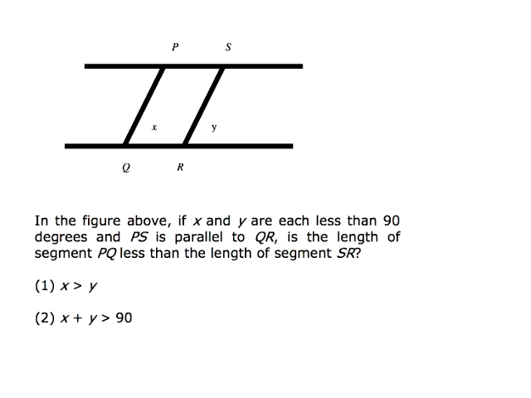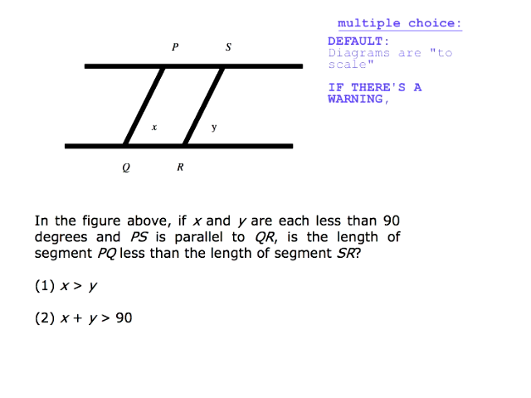Here, if it's multiple choice, which this problem is not, then the default is to scale. In other words, they're accurate. And then if there's a warning, then diagrams are not to scale.